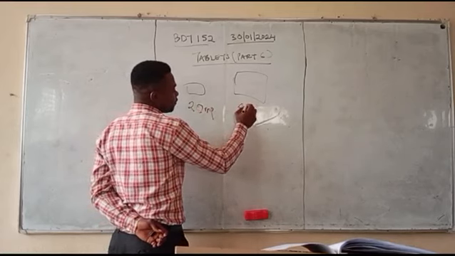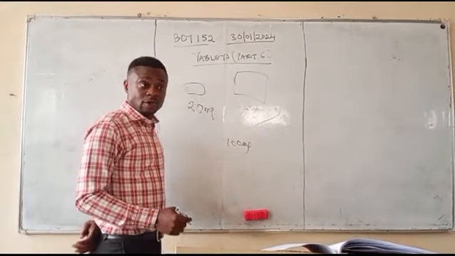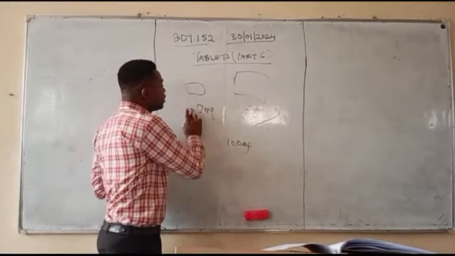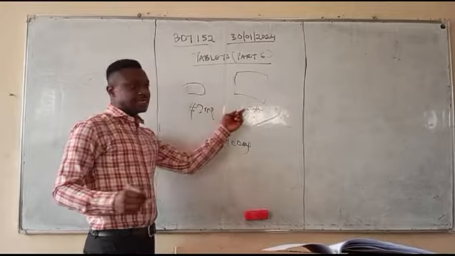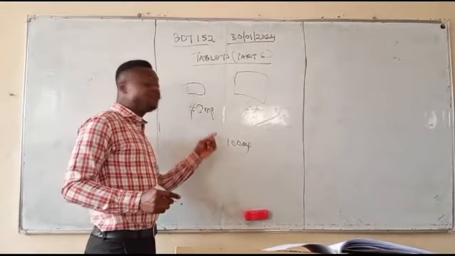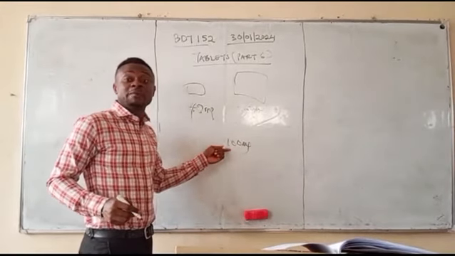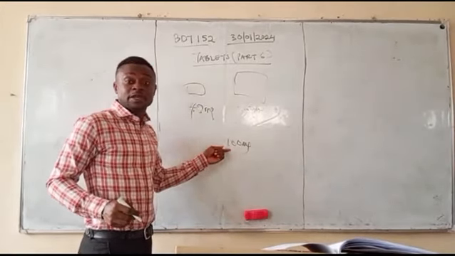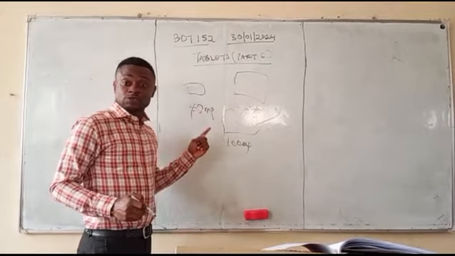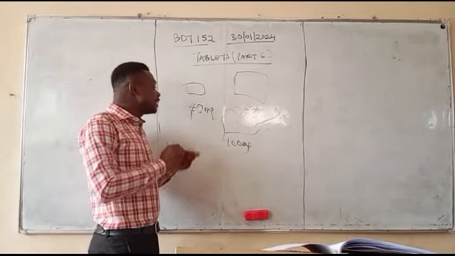All things being equal, what you have at the end will be 100 milligram, right? I'm trying to explain what I mean by homogeneity and content uniformity.